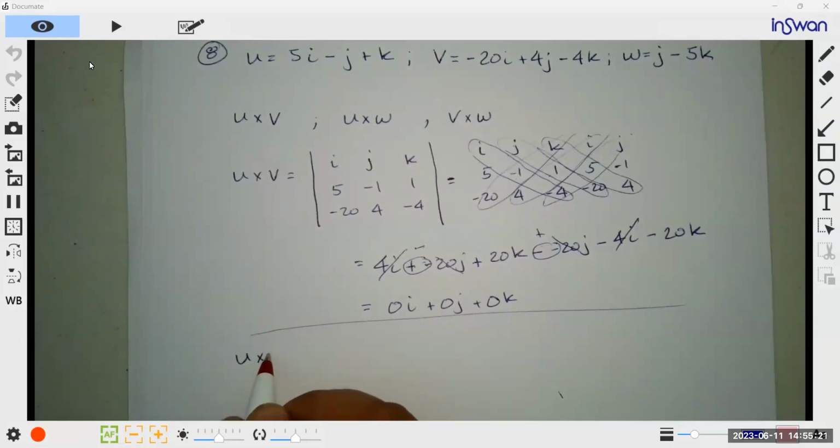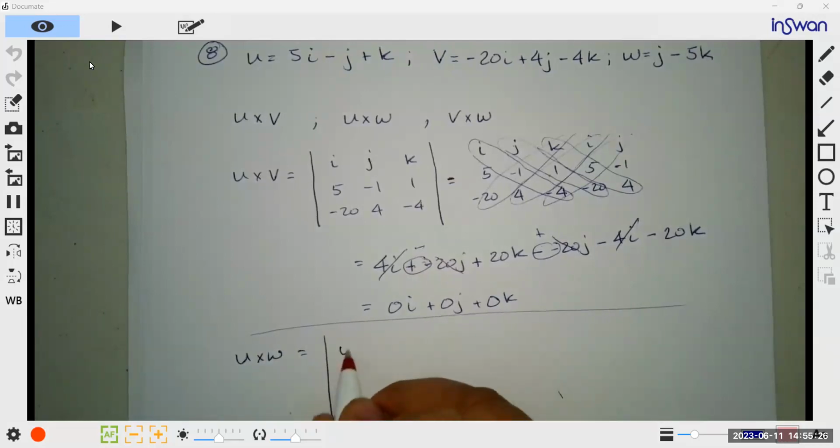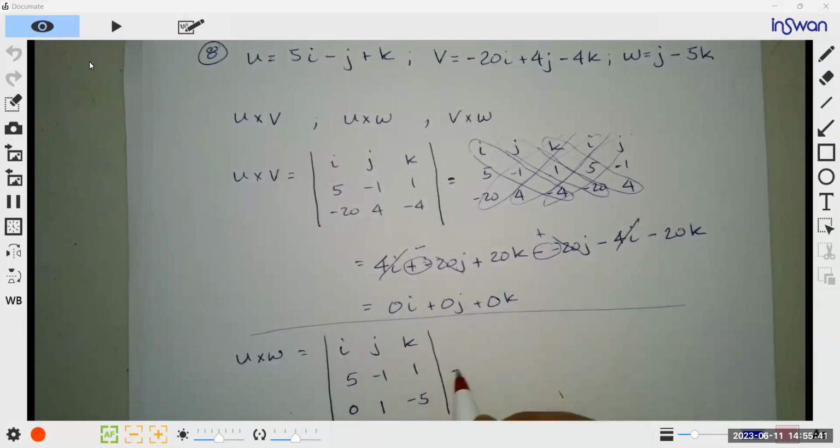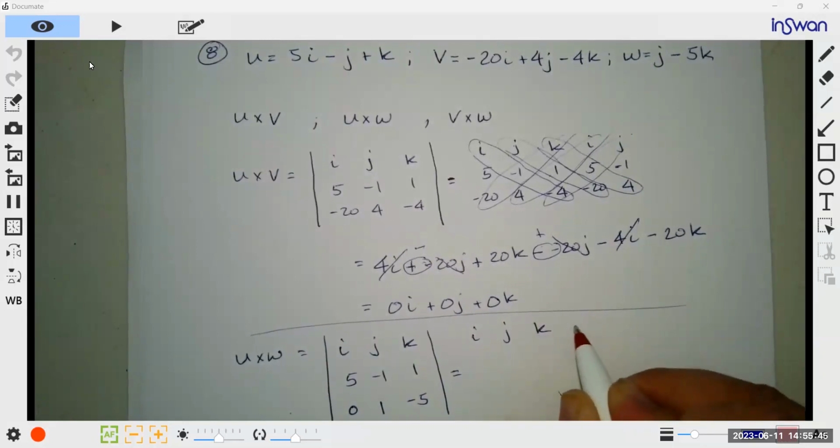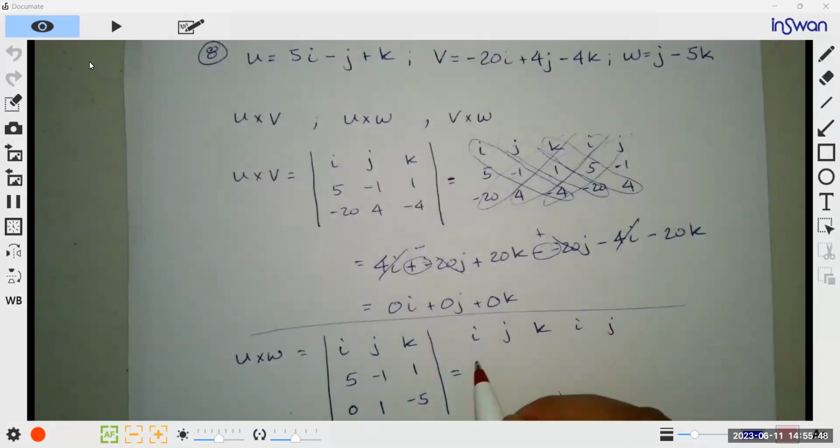U cross W. i, j, k. 5, negative 1, 1. W: 0, 1, negative 5.